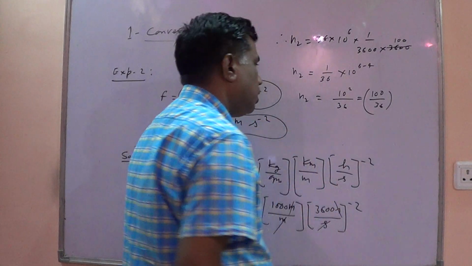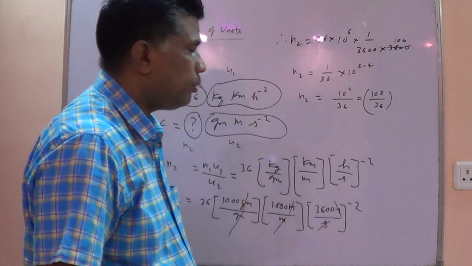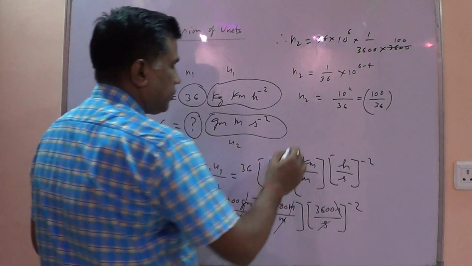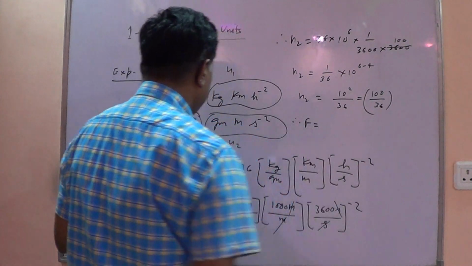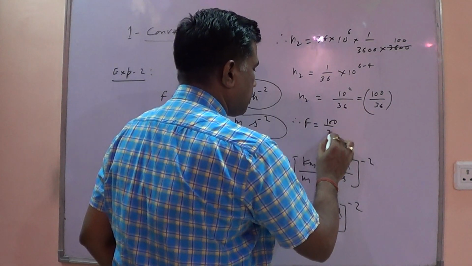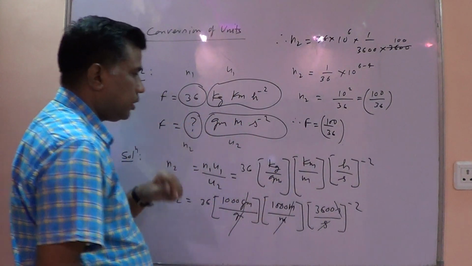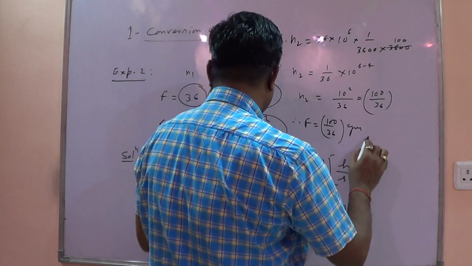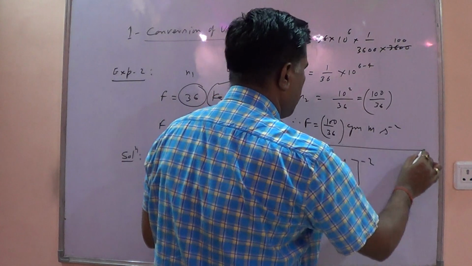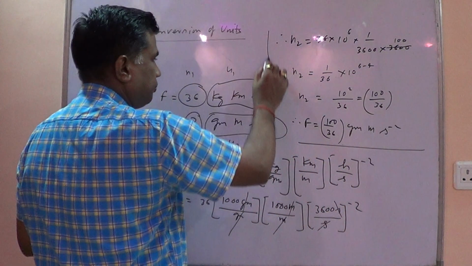Students, can anyone solve this? 100 by 36. So finally, this force will be equal to this 100 by 36. You can solve it, no need to write like this. Gram meter per second square. So this is the answer.